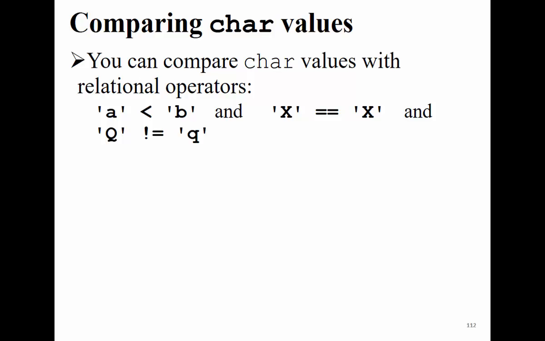And Java understands a character as an integer, and an integer is a primitive type too. So we are not afraid of using if 'A' less than 'P', or 'a' less than 'p', because these are primitive data types, and Java will understand these characters as Unicode. And once Java understands it as Unicode, we can say if 'Q' not equal to 'q'. We don't need to use the equals method with a character, because a character is a primitive data type.